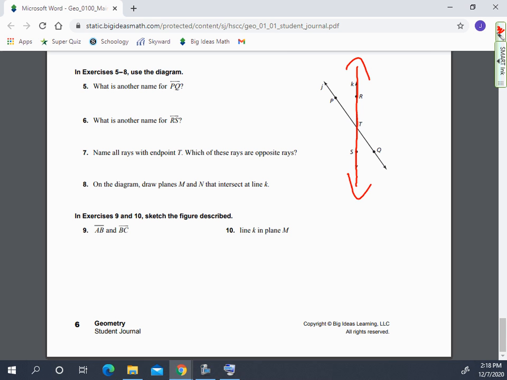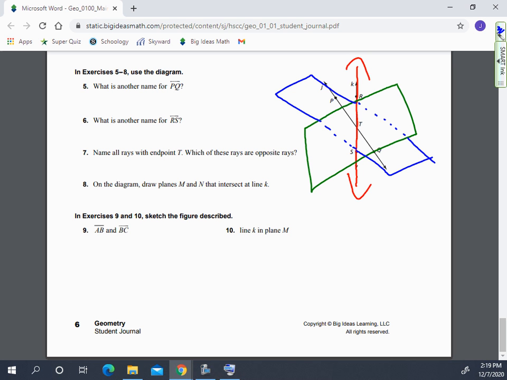Let's say we drew this plane. Okay, there's our green plane. Now, we have to draw another plane that comes in and intersects at that line.